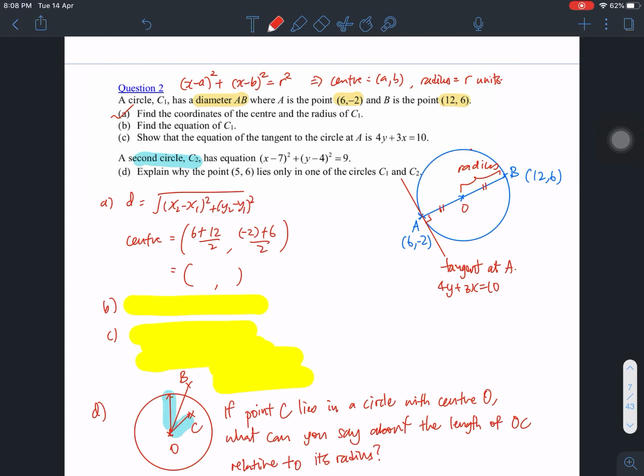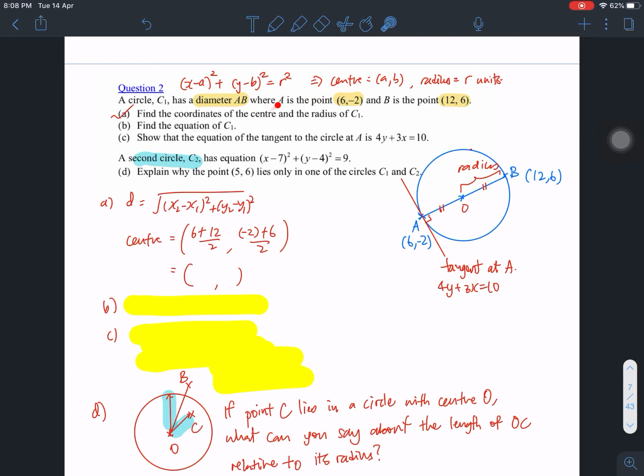So let's look at the second part. The second part requires us to find the equation of C1. So C1 is basically this circle which they have mentioned and I've drawn over here, right? Just to recap, the general form of the circle is (x - a)^2 + (y - b)^2 = r^2, where (a, b) would then be the center and the radius would just be r units.